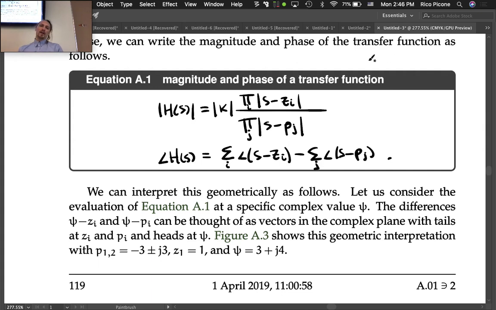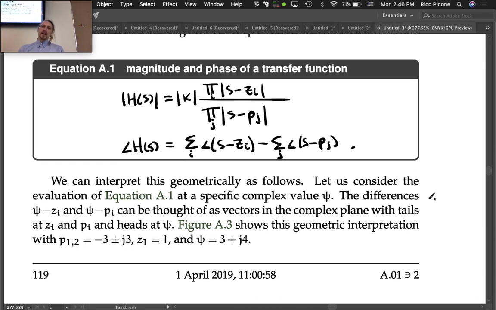So we can interpret this geometrically as follows. Let's consider the evaluation of the magnitude and phase of a transfer function at a specific complex value psi. So we're going to say S equals psi. The differences, psi minus Zi, show up in the numerator in the magnitude, and they show up in the first term in the phase.